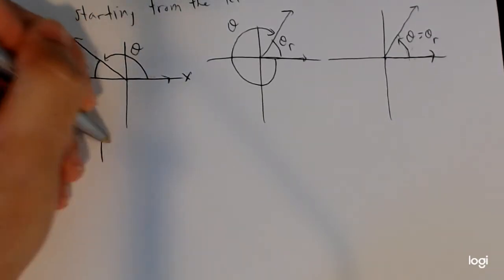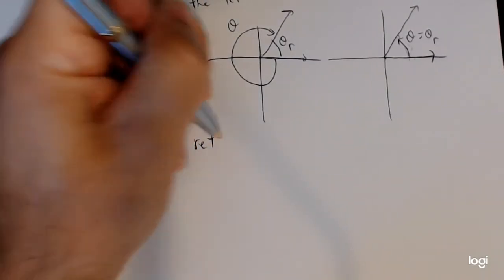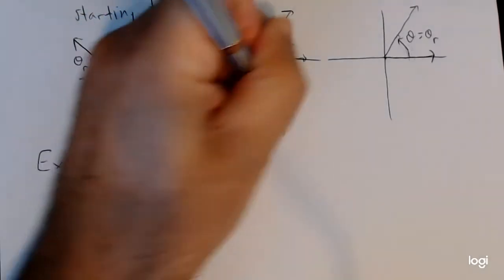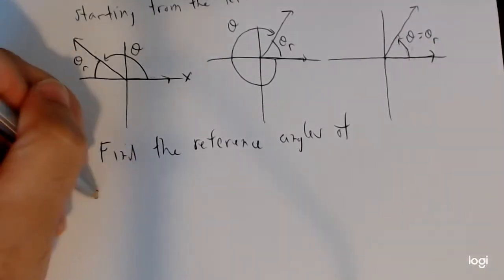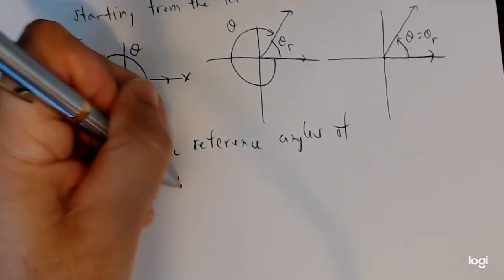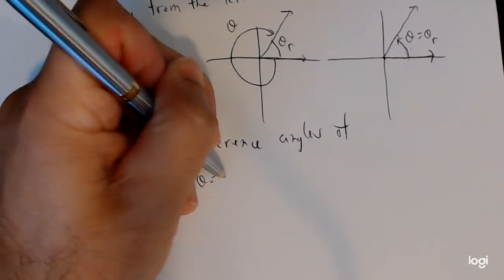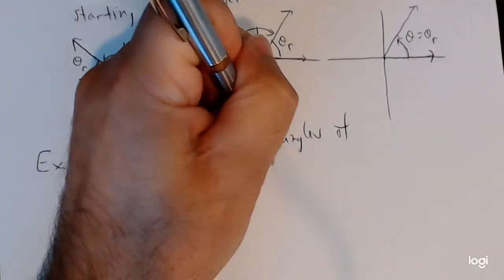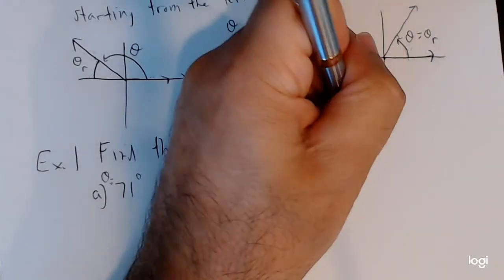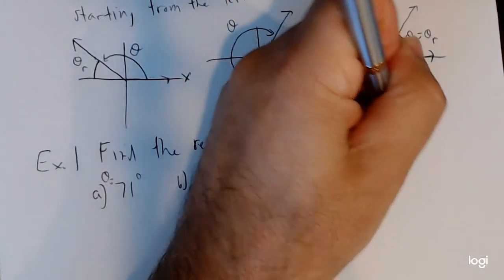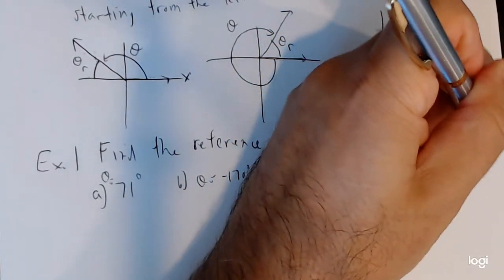Find the reference angles of, and let me write these down, A, 71 degrees; B, theta equals negative 170 degrees; C, theta equals 315 degrees; D, theta equals 432 degrees; and E, theta equals 1200 degrees.